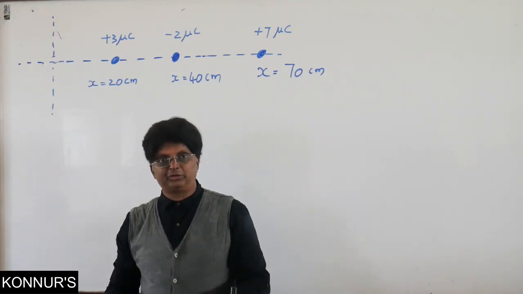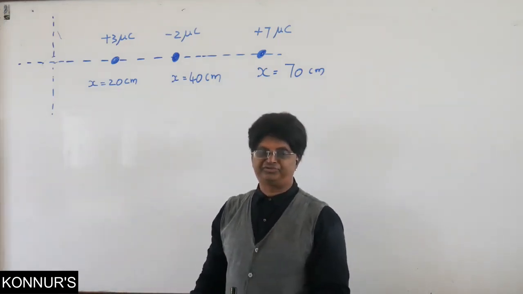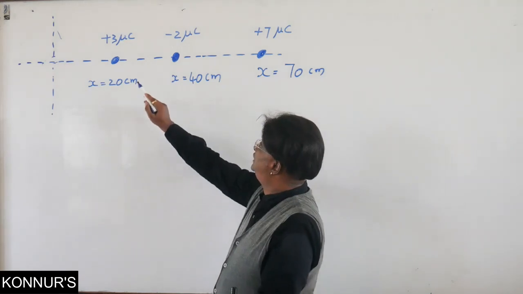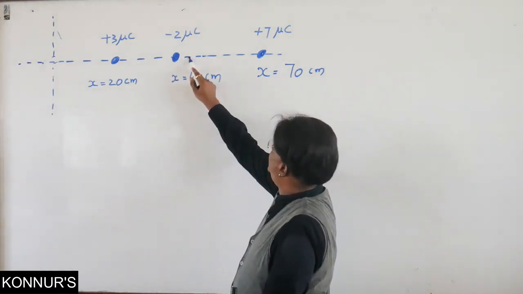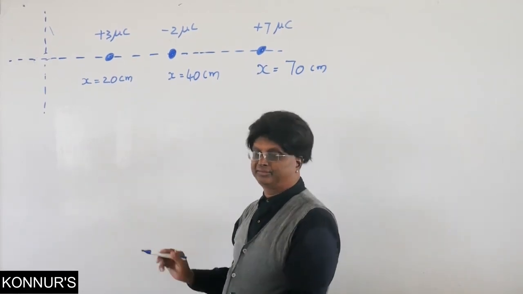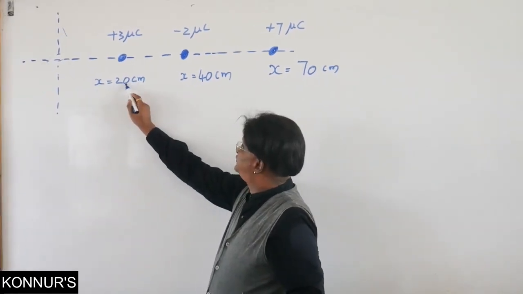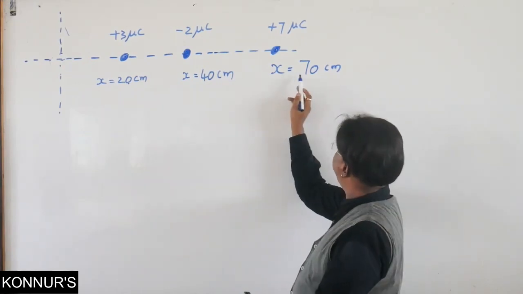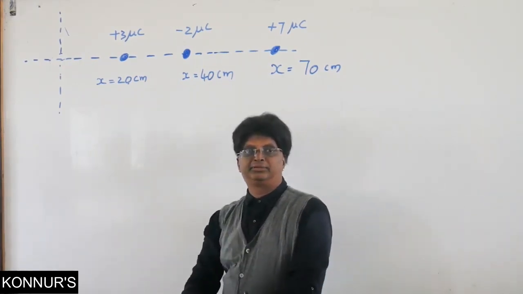Here you will find a system of 3 point charges: plus 3 microcoulomb, minus 2 microcoulomb, and 7 microcoulomb, placed along the x-axis with positions. This is at x equals 20 centimeter, this is at 40 centimeter, and this is at 70 centimeter.